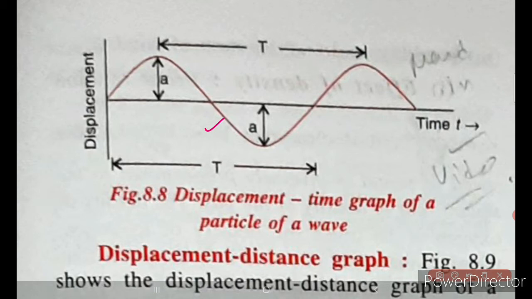Here we are trying to make a displacement time graph for a wave. The wave can be a transverse wave or a longitudinal wave. Let's try to understand this by learning how to draw the graph, so that your confusions will be clear. We are trying to draw one displacement time graph.